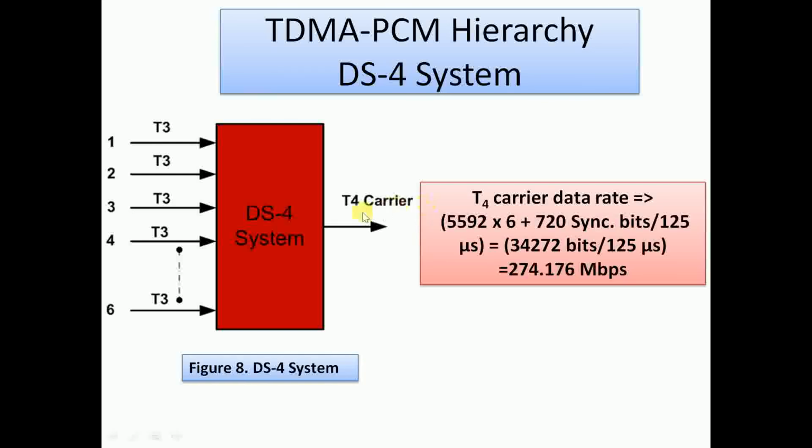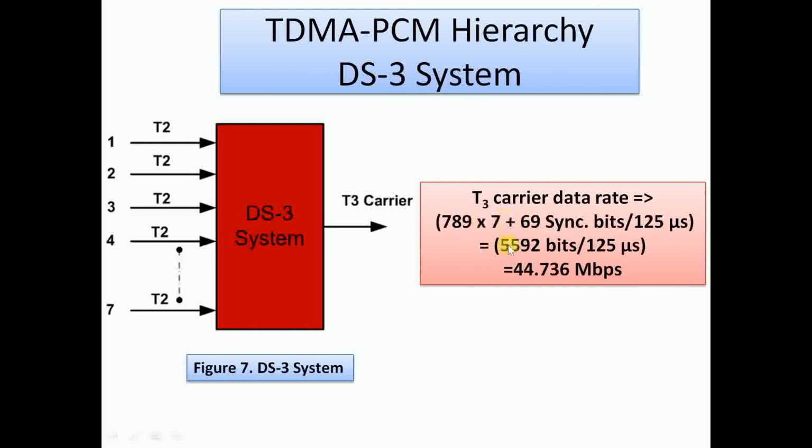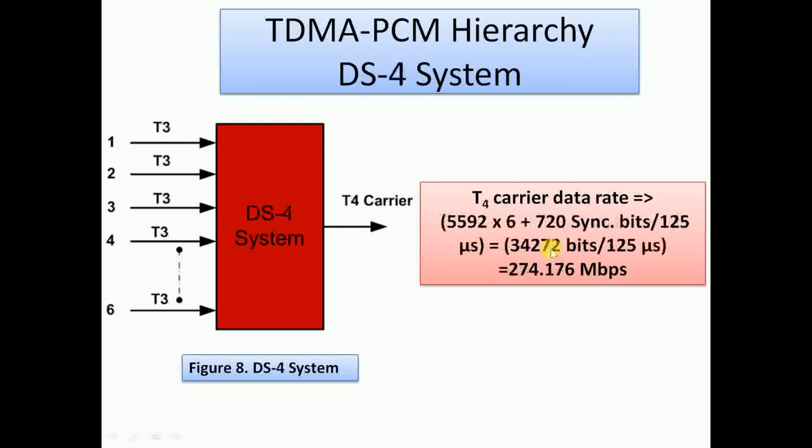Now we come to the highest level in the hierarchy, the generation of the T4 carrier, where 6 T3 carriers are digitally multiplexed. In the T3 carrier, from each channel we have 5592 bits of frame. So in the T4 carrier, from each channel we have 5592 bits.